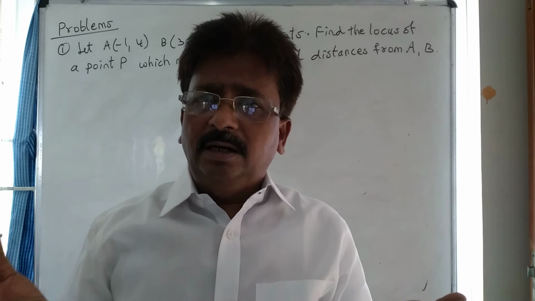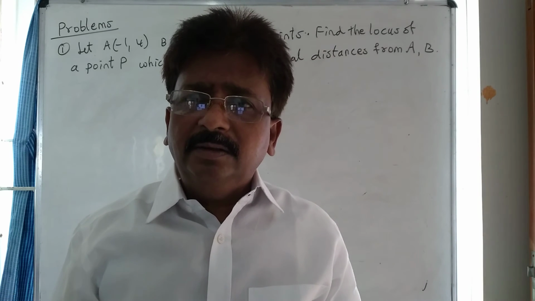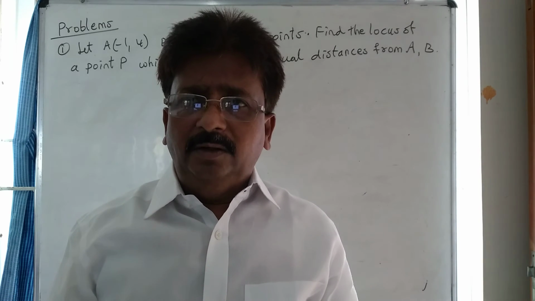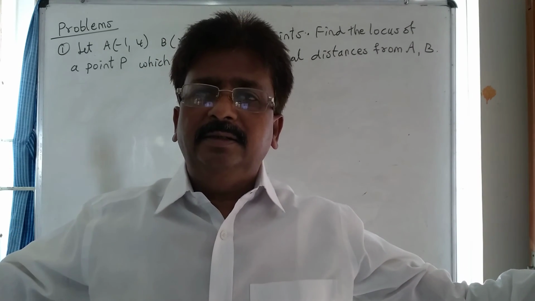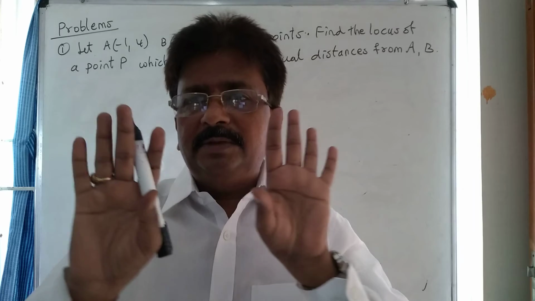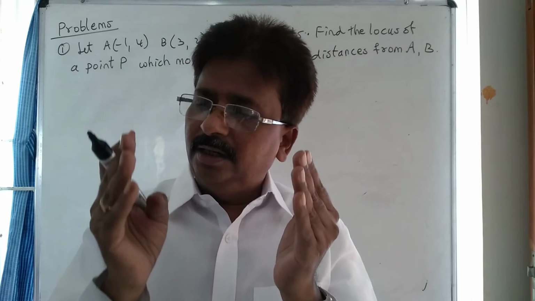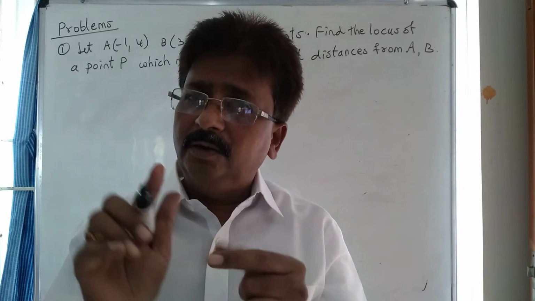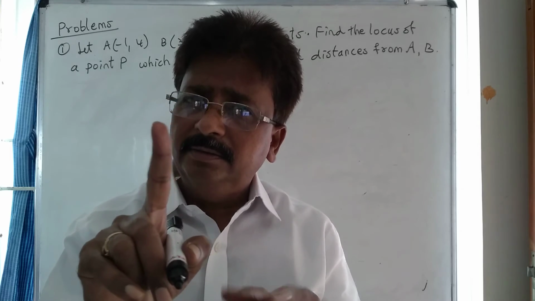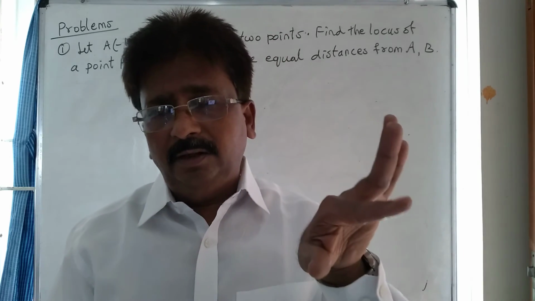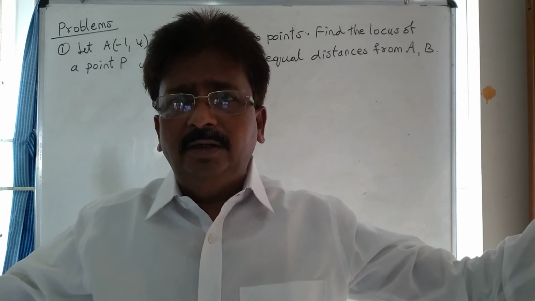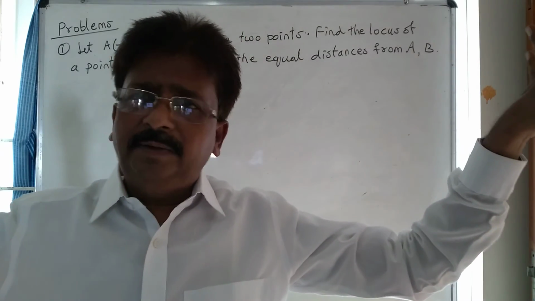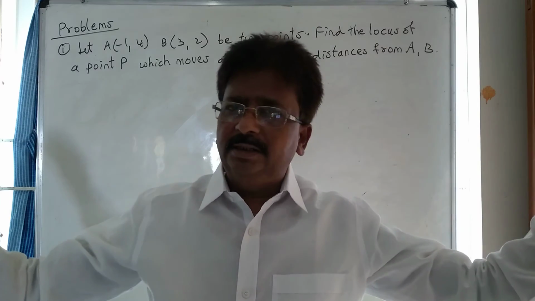The locus of the point may be asked, or locus of the points may be asked, not only one point. So both problems are same. There is no difference between them. We have to find the locus.